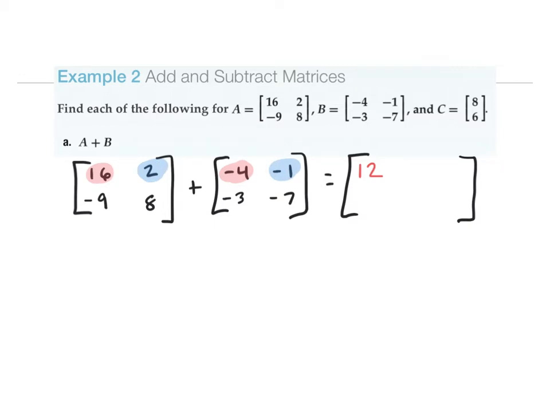What is 2 plus -1? 1. So we put that in the upper right-hand corner. Next we add the lower left with the lower left. What's -9 plus -3? -12.